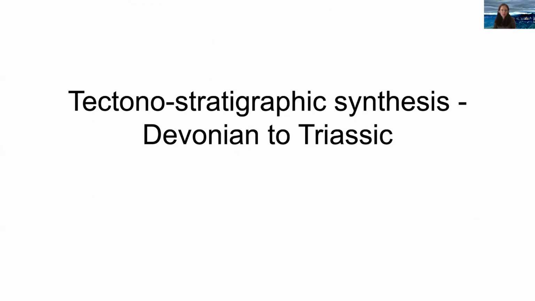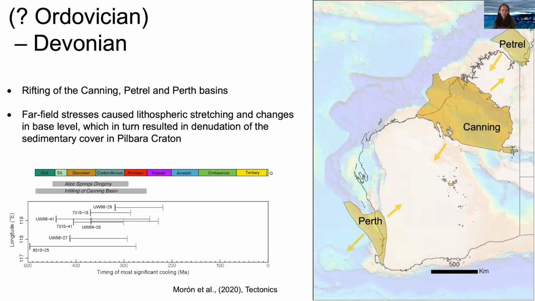So I'm starting in the Paleozoic to the Triassic. The first phase of rifting starts in the Ordovician with the opening of the Canning, Petrel, and Perth basins, as you can see on the map to the right. Based on thermochronology data, we determined that far-field stresses caused lithospheric stretching and changes in base level, which in turn resulted in the denudation of the sedimentary cover in the Pilbara Craton.